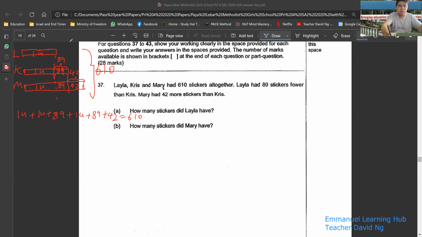So 1 unit plus 1 unit plus 1 unit equal to how many units? 3 units. Very good. So 89 plus 89 plus 42 equal to how many?